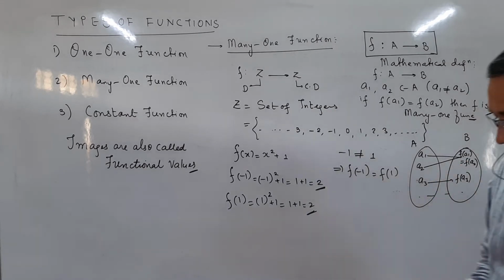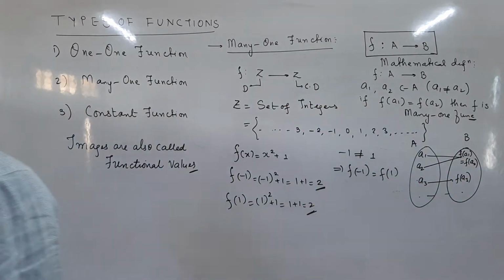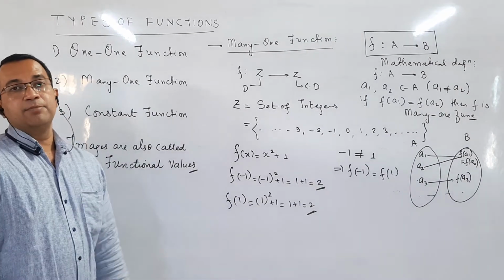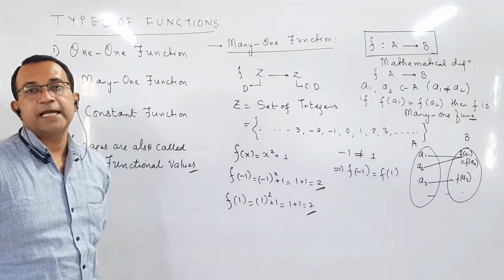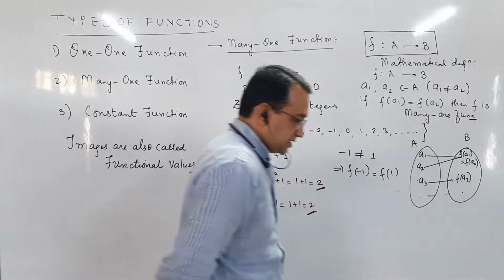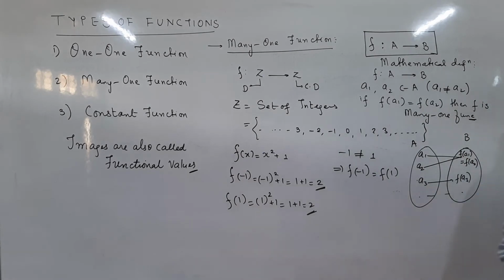So this is the arrow diagram. You can draw, students, the arrow diagram as given in the textbook, as it is given for a limited number of elements.